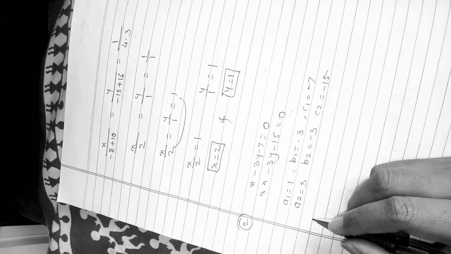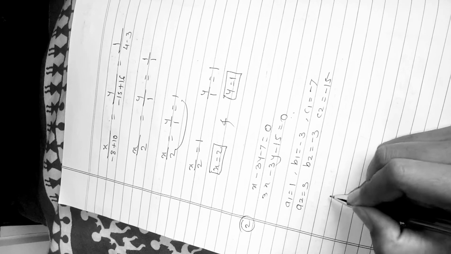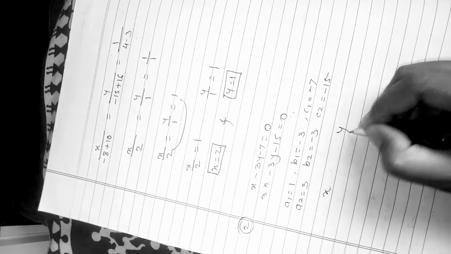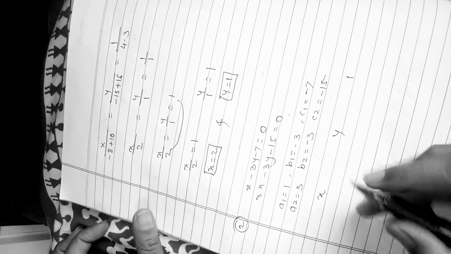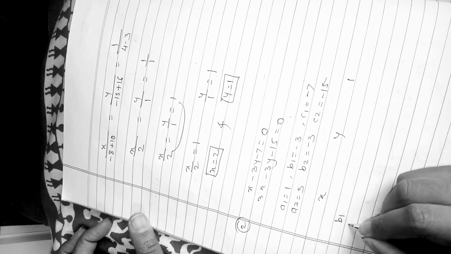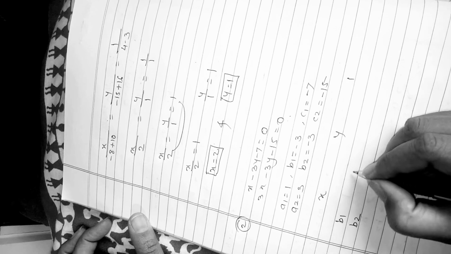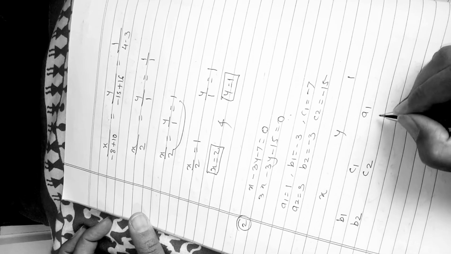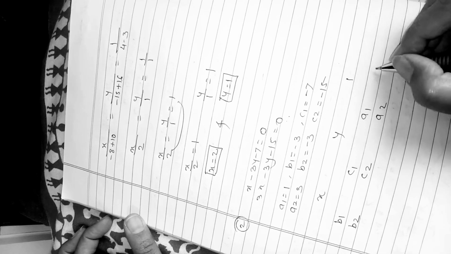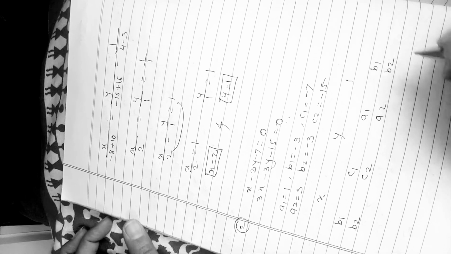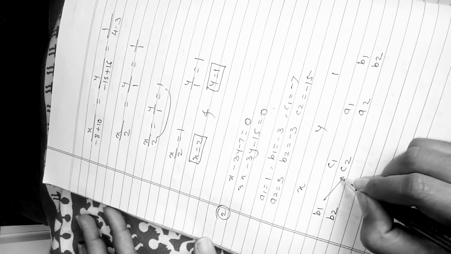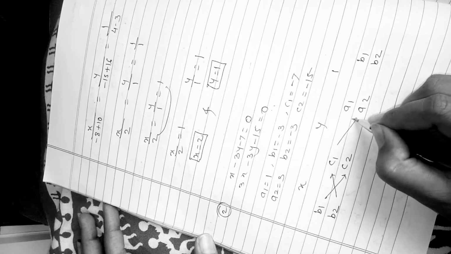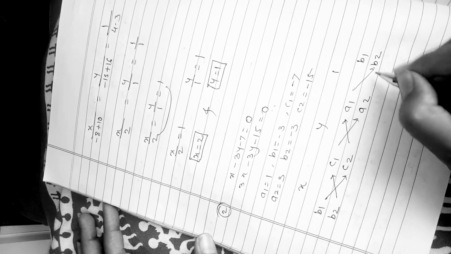So we take the cross multiplication method. x, y, 1, first write b1 over b2, then c1 over c2, then a1 a2, then b1 b2 again. So we cross multiply this and take the minus sign in between.